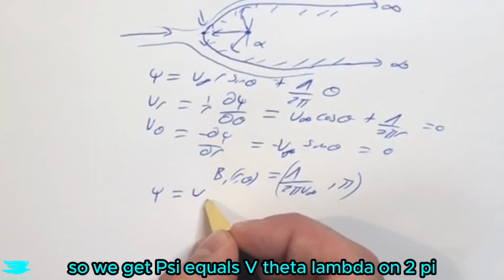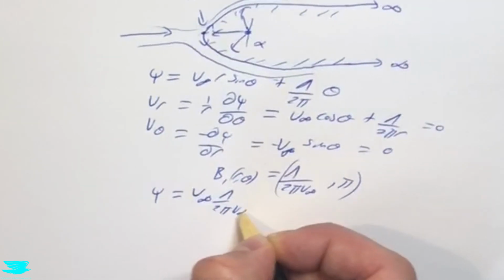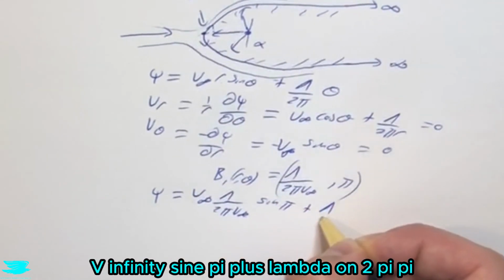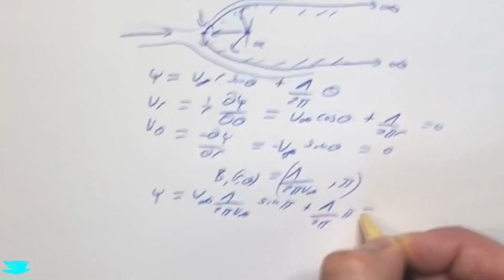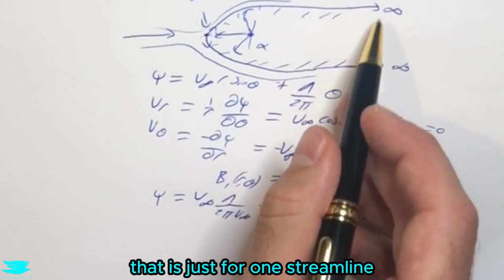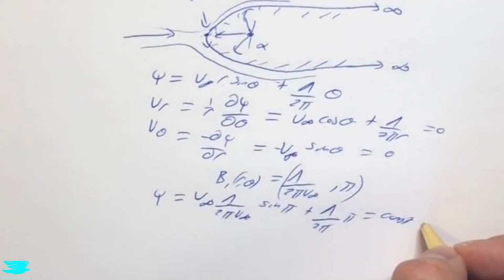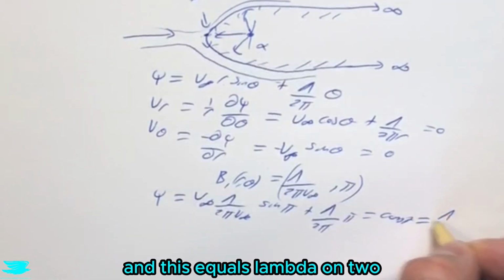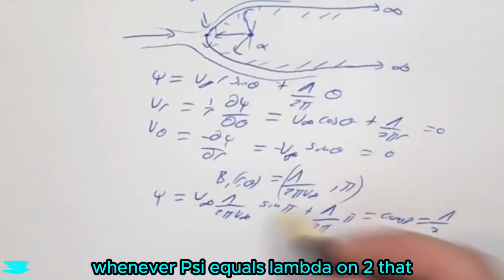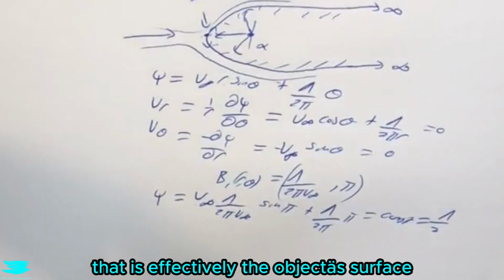So we get psi equals lambda on 2 pi v infinity sine pi plus lambda on 2 pi times pi, and this equals a constant, because whenever psi equals a constant, that is just one streamline, as we covered in the stream function video. And this equals lambda on 2, and that means that whenever psi equals lambda on 2, that corresponds to this dividing line that is effectively the object's surface.